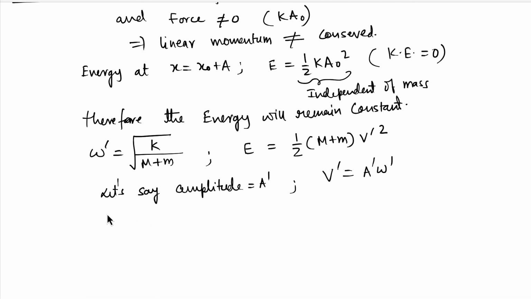Okay, but the energy is going to be conserved, so half m plus m v prime square is equal to half k a0 square.